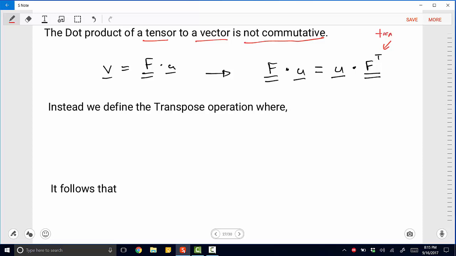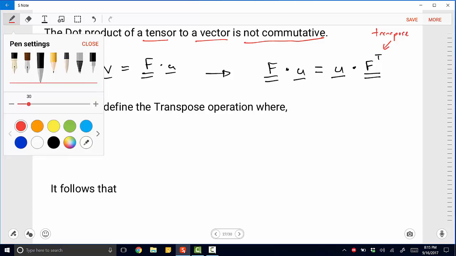Let's note transposed here. So this little t indicates the operator.